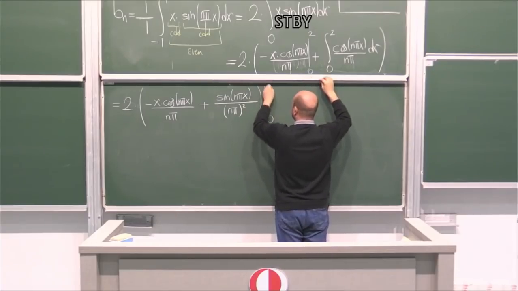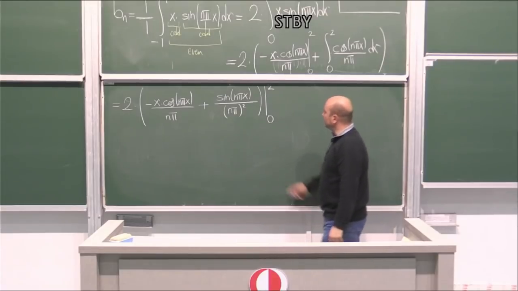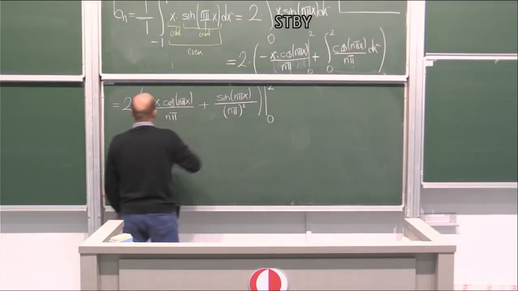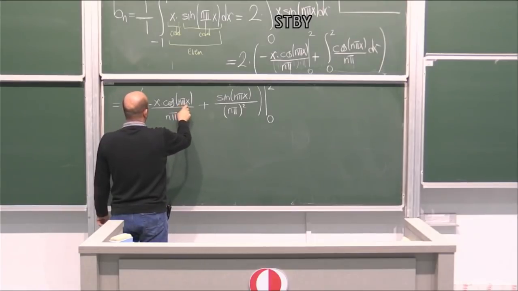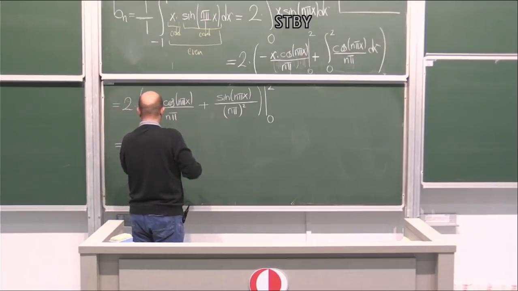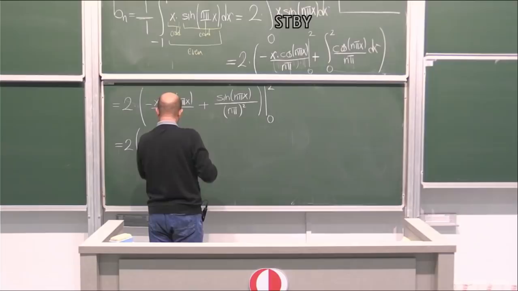If you plug in 2, we get minus 2 times cosine 2 n pi over n pi.